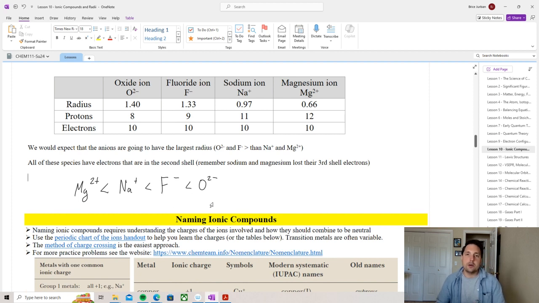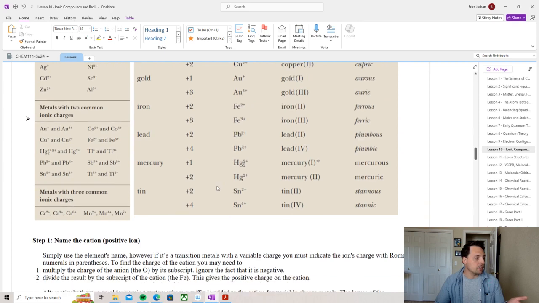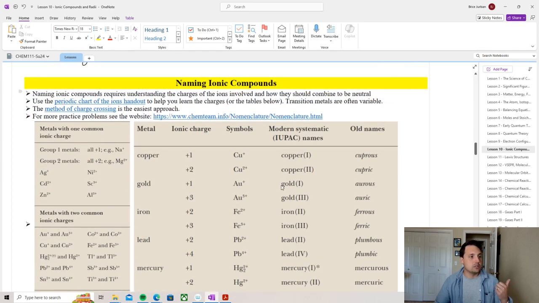All right, so I'm going to take a little bit of a break here now and explain how to name ionic compounds in more detail. We've already learned how to take the formula of an ionic compound and convert it into its name. But I haven't taught you how to take the name and convert it into a formula, nor have I taught you how to use the variable charge ions.